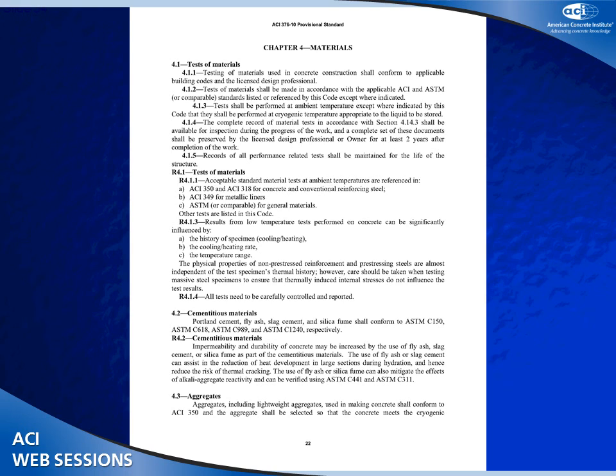So they're close to each other, but it's not the side-by-side that you saw in the 318 or 350 document. And in the final printing, I think it may actually go side-by-side, but I'm not sure. It's going to depend on what the ACI publishing department wants to do with it.